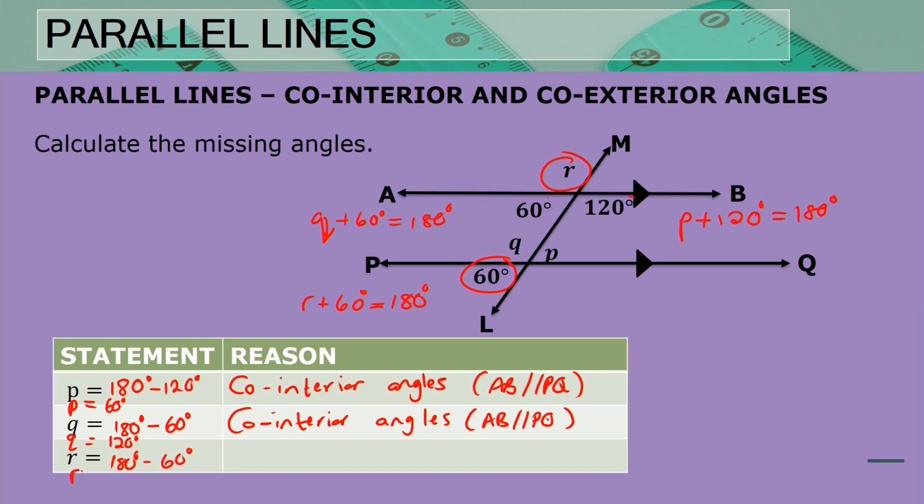That means that our R is going to be equal to 120 degrees. And this is because of the co-exterior angles, and this is only because they are supplementary, and they are only supplementary because AB is parallel to PQ.